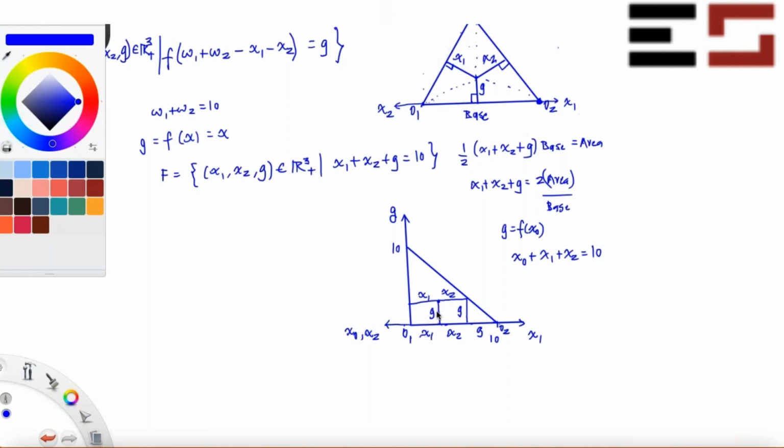You can see that g in this triangle has the property that it's non-rival and non-excludable. You cannot exclude anyone from consuming the public good. If g increases, it increases for both. Similarly here, if g increases, it increases for both.